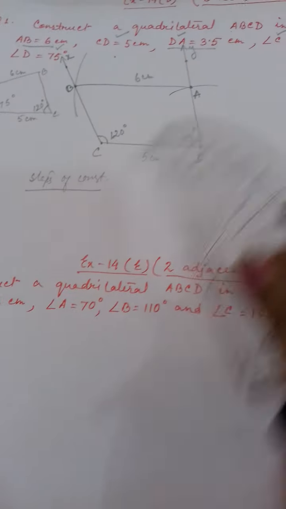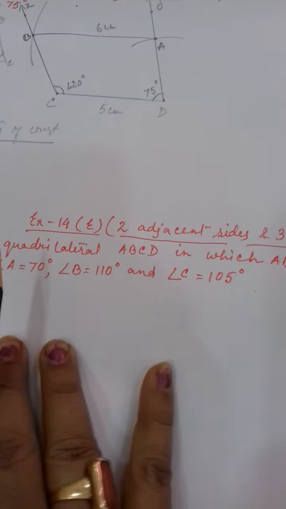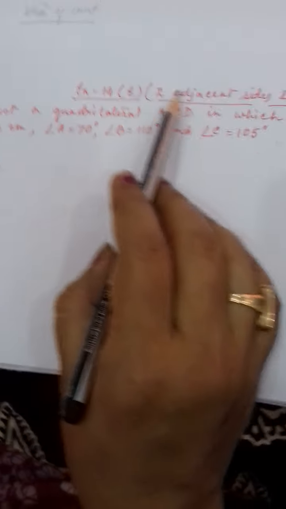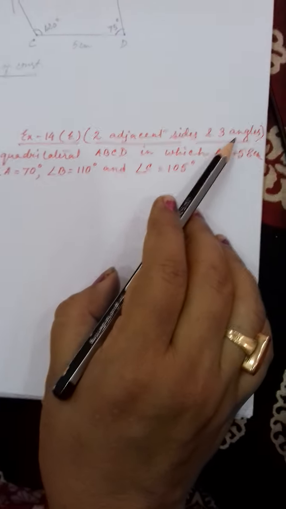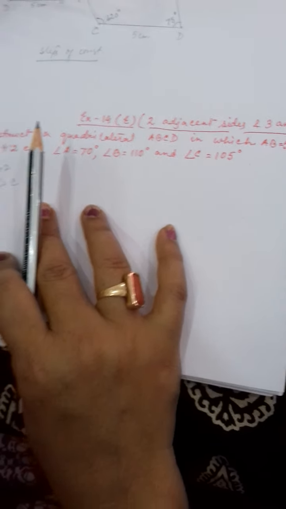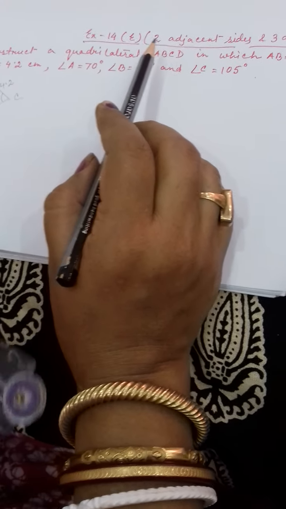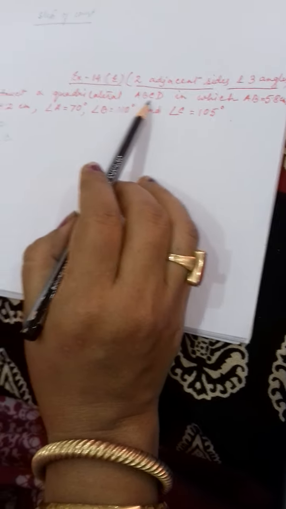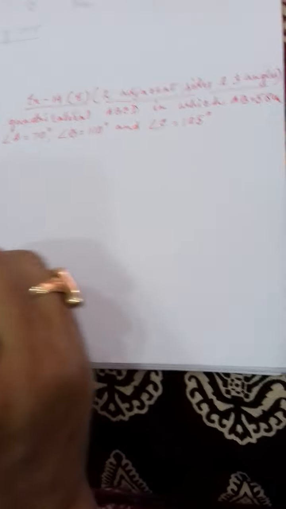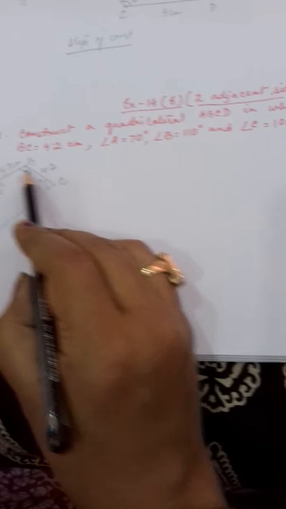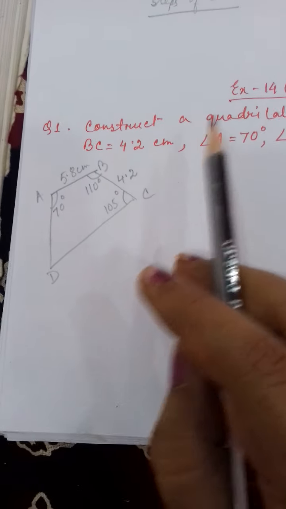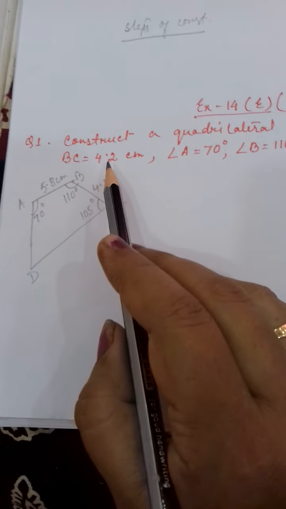Clear? Now one from 14E, where the elements are two adjacent sides and three angles. Clear? Now here, two adjacent sides and three angles. Construct a quadrilateral ABCD in which AB is 5.8 centimeter, BC is 4.2 centimeter.